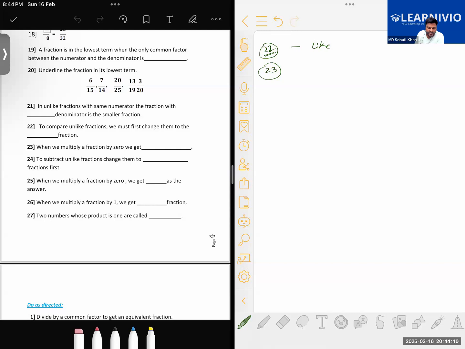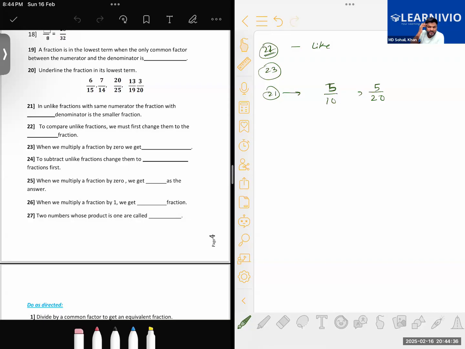fraction. First of all, let us understand what the question is saying. In unlike fractions, suppose you have 5 upon 10 and 5 upon 20. These are unlike fractions because they have different denominators. Now the question is asking which one is bigger.